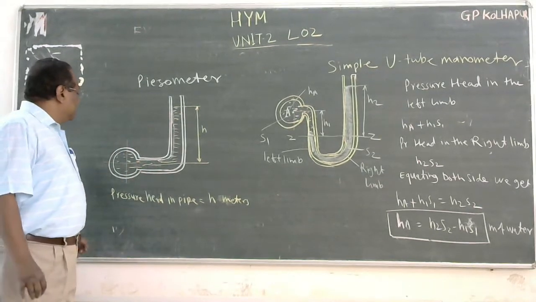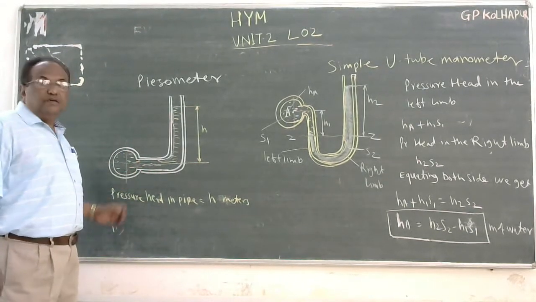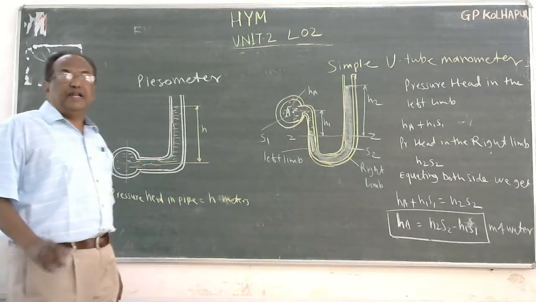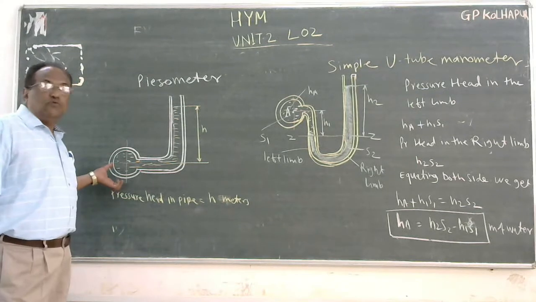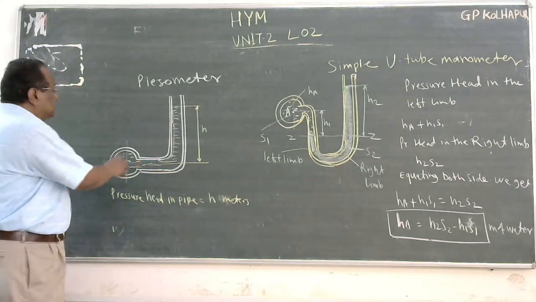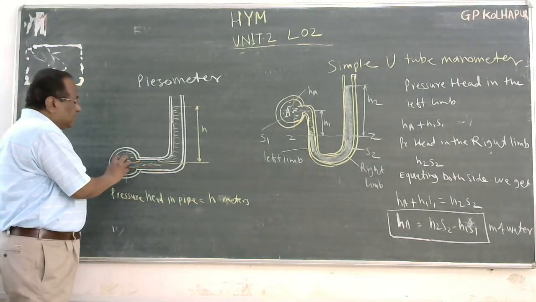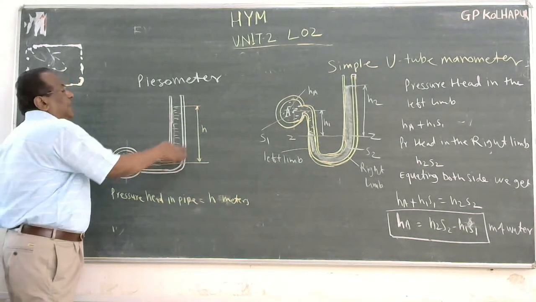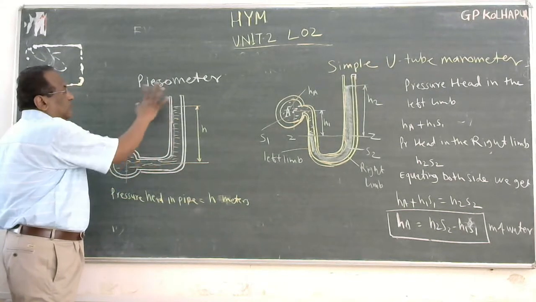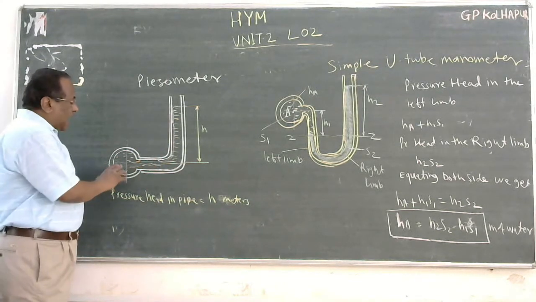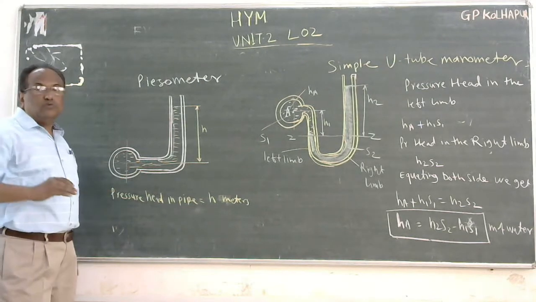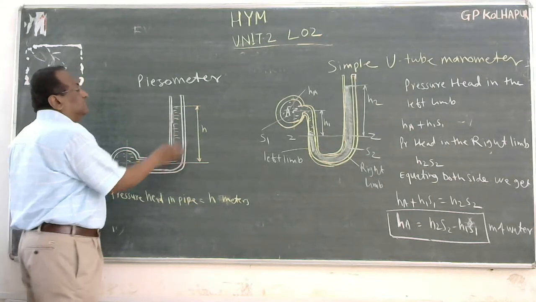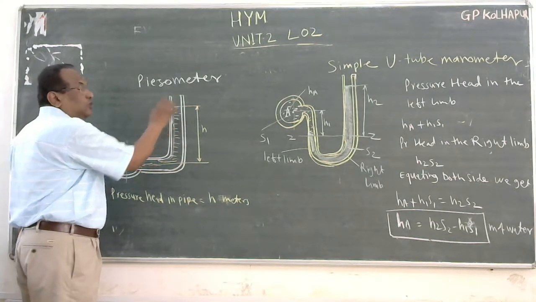This is a piezometer. A piezometer is nothing but a simple L-shaped pipe or tube which is connected at the point where we want to measure the pressure. This is a pipe which is carrying a certain liquid under pressure, and we have connected this L-shaped tube, which is called a piezometer, to this pipe. As this pipe carries liquid under pressure, due to that pressure, the liquid will rise to a certain height in this tube.